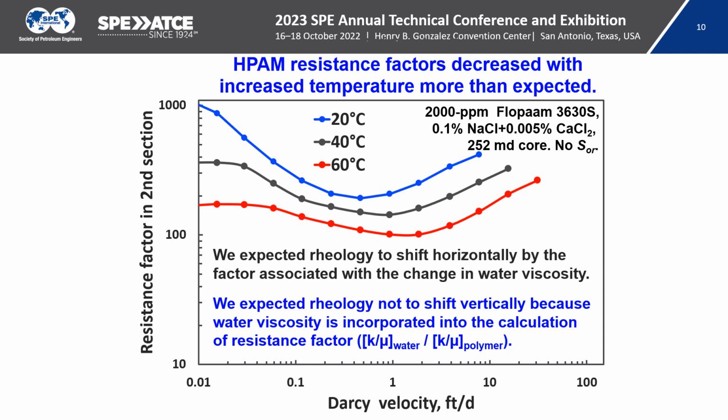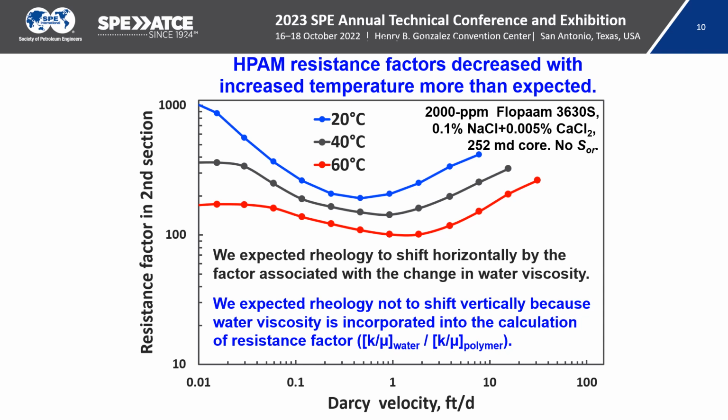And a lot of polymer flooding and chemical flooding simulators have just simply incorporated that fact into their code. And what they do then is simply predict resistance factor for the polymer solution based solely on that assumption.